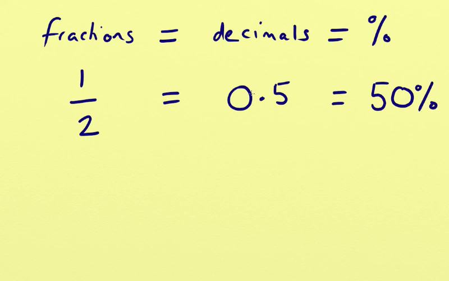So a half is the same as 0.5, which is the same as 50%. All different ways of writing the same thing. Now a lot of people may know this example just here, but may not necessarily know how they've got there. So I'm going to show you how you actually convert between a fraction, a decimal and a percentage.